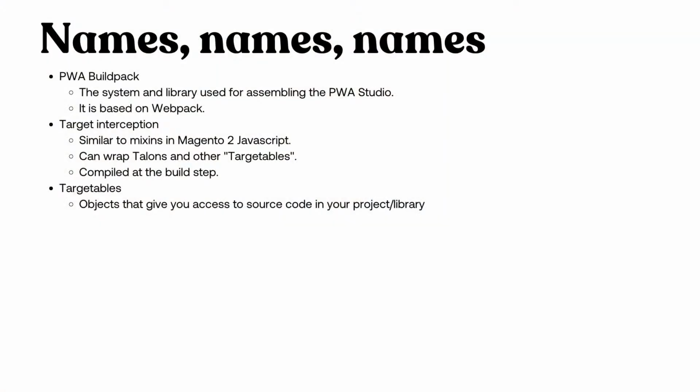And then there's targetables, which are objects that give you access to source code in a project or library. Basically, those are places we can hook into, or hook's probably not the best word right there. They're places we can target for manipulating the way that they work.